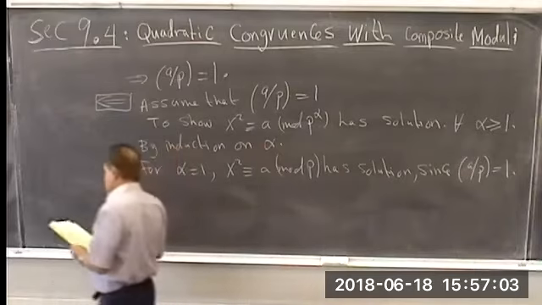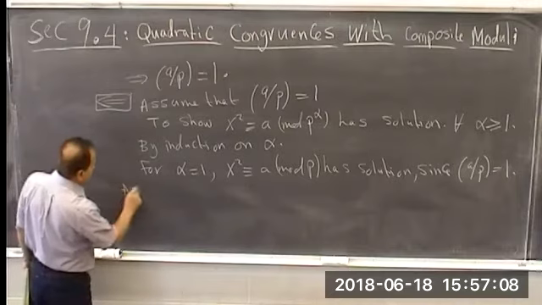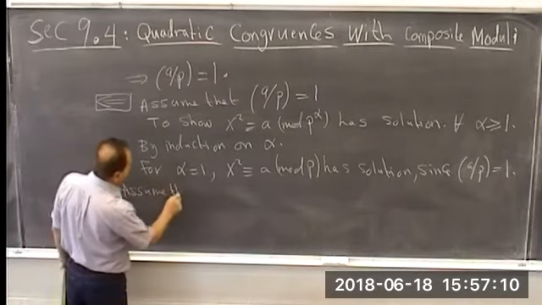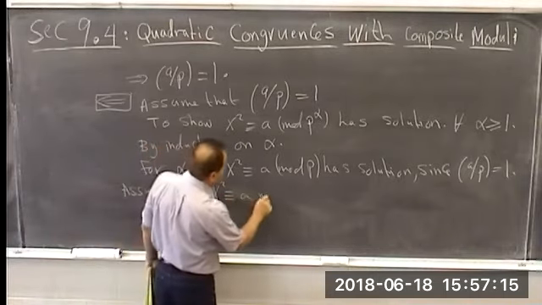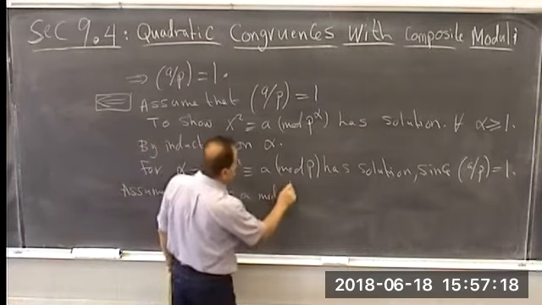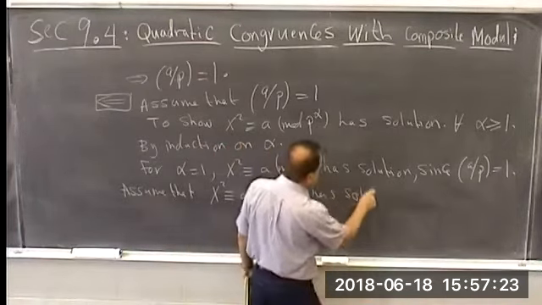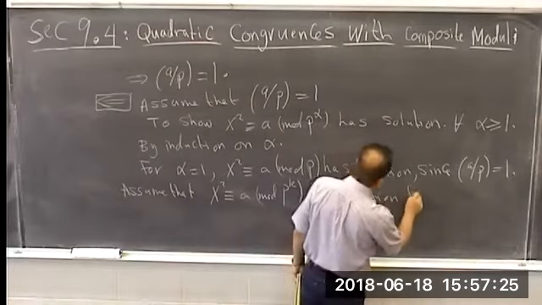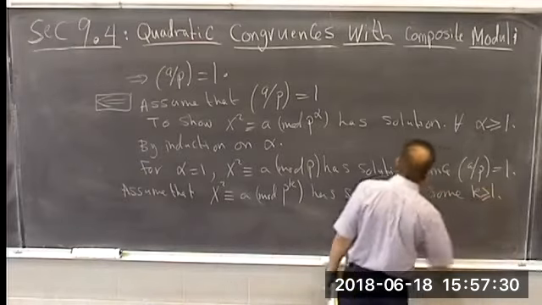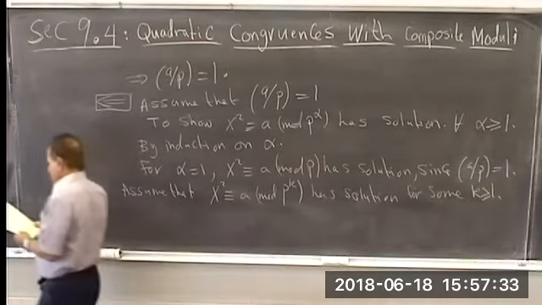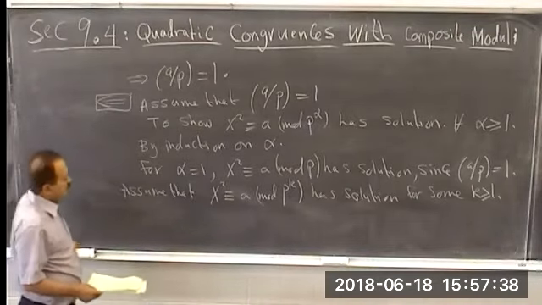So let's assume that x squared congruent to a mod p to the k has a solution for some k bigger than or equal to 1, and we want to show it is true for p to the power k plus 1.